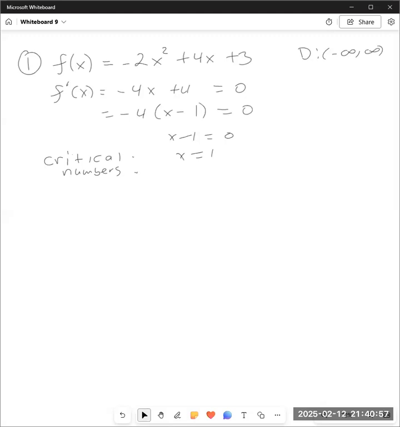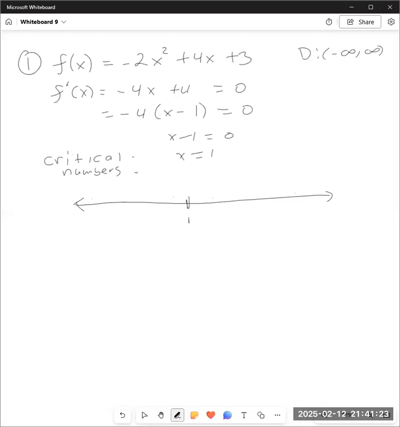I'll show you with the first derivative test first. Put your critical number here at 1. That makes an interval of negative infinity to 1, and an interval of 1 to infinity to test. Pick a number less than 1, like 0.